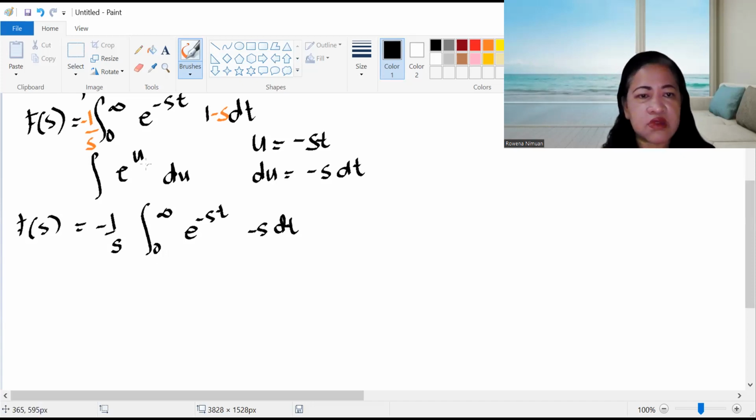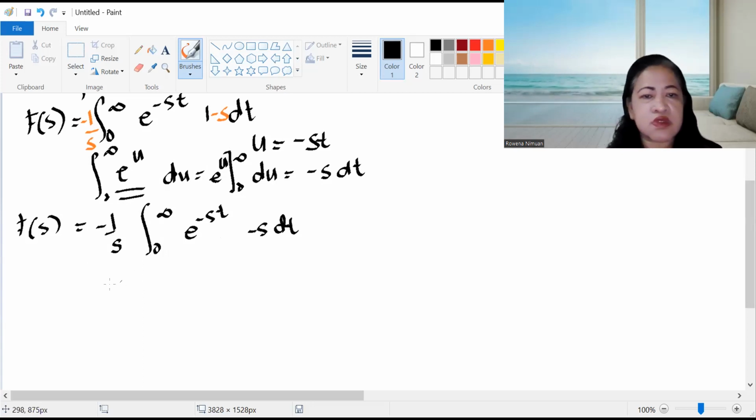Now if I use this formula, that should be equivalent to e to the u, to be evaluated from 0 to infinity.